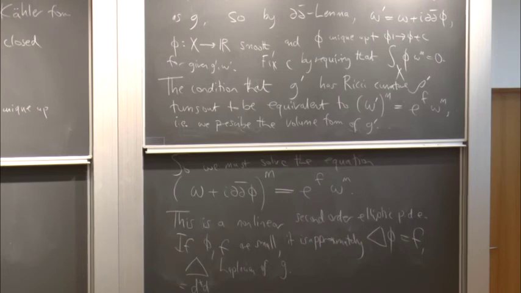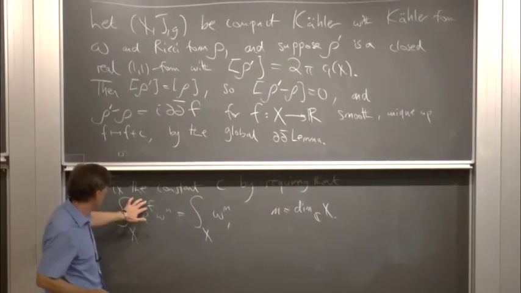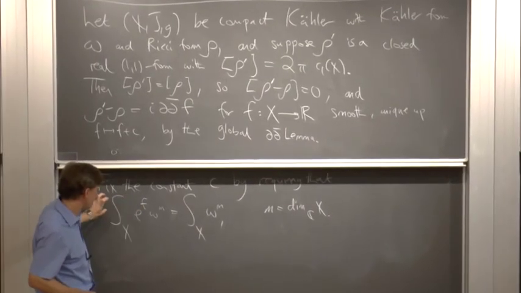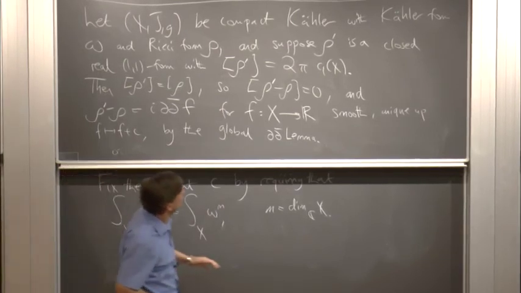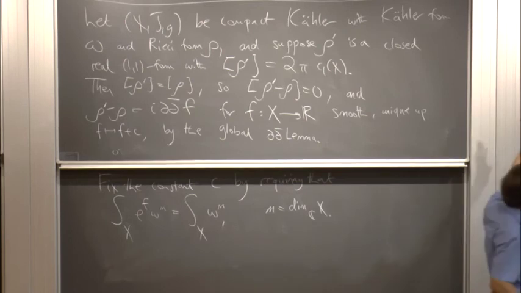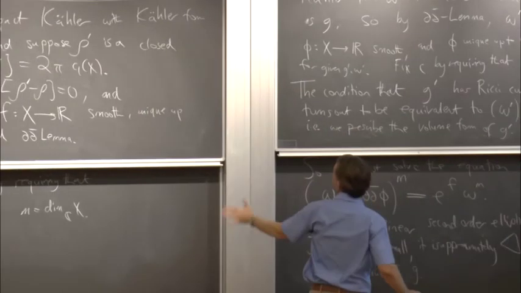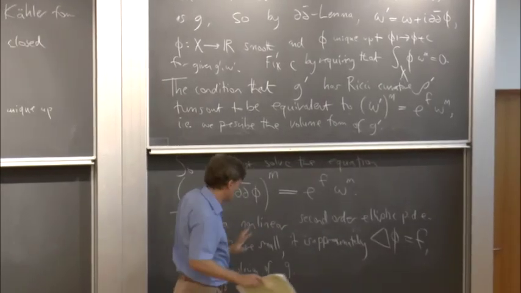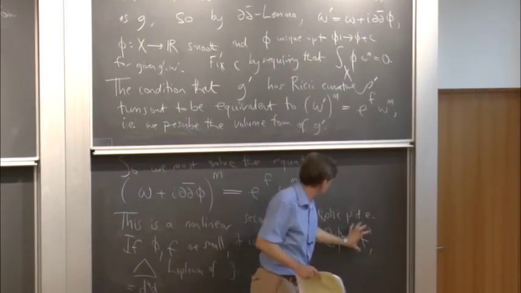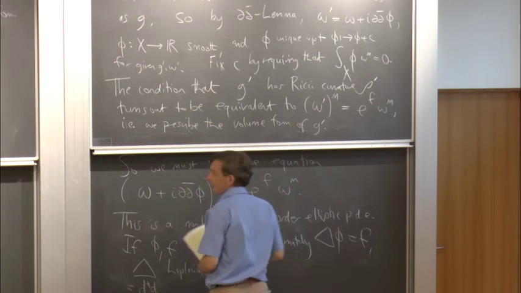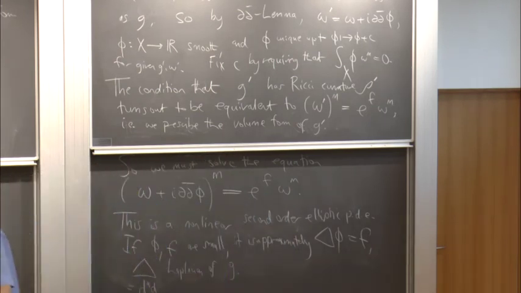This fixing the constant here, if f is small, then this approximates the integral of f being 0, and I've got the integral of φ being 0 here. So those two conditions, if f and φ are small, are essentially the conditions for the existence of a unique solution there. Okay, so this is an equation of a type called a Monge-Ampère equation.